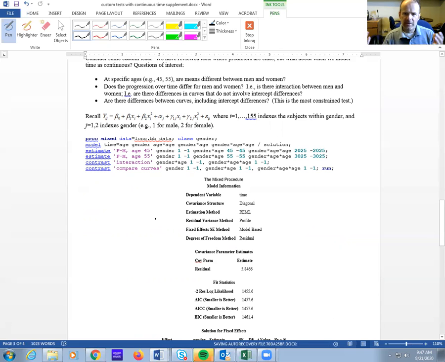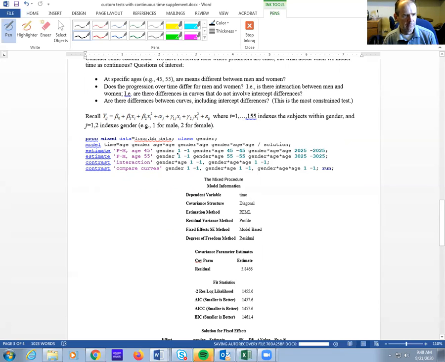A lot of people say sex should be the name for that now, and I've written it this way from before a lot of these ideas came up. So that's a class variable. I have gender in the class statement, and that means that we're going to have a separate column for the men and women. That's treated as a class variable.